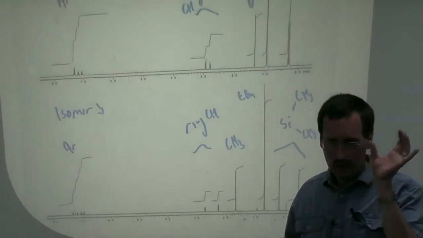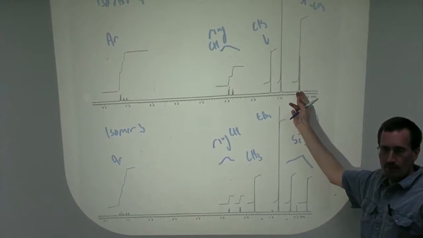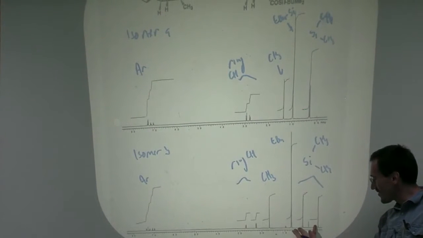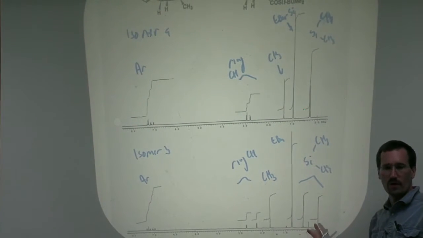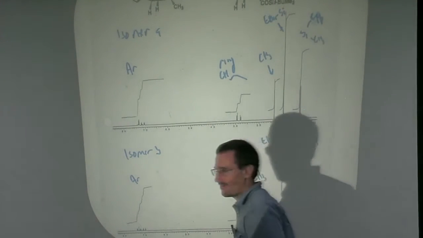They're topologically different from each other. In one case, they show up at pretty similar chemical shifts. Another case, which is interesting, they have a high degree of what we call magnetic anisotropy. In other words, difference in chemical shift.